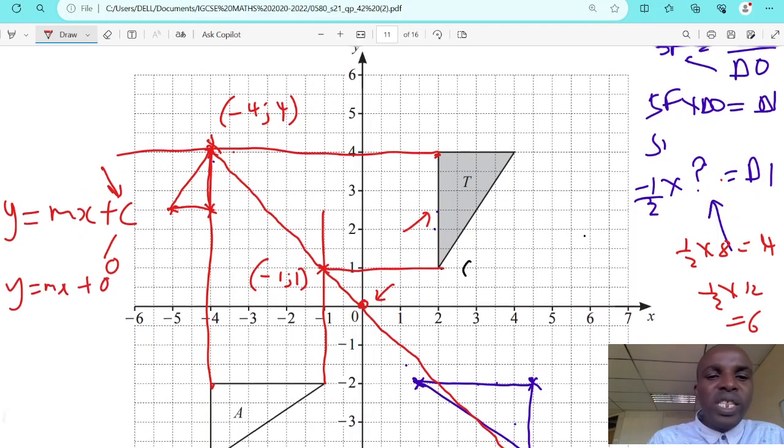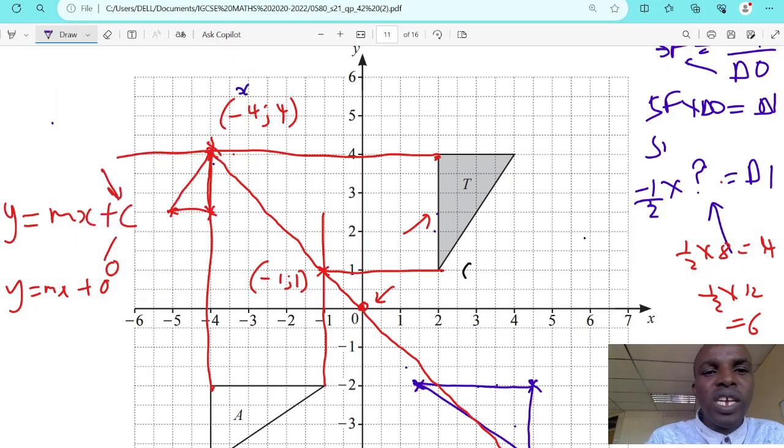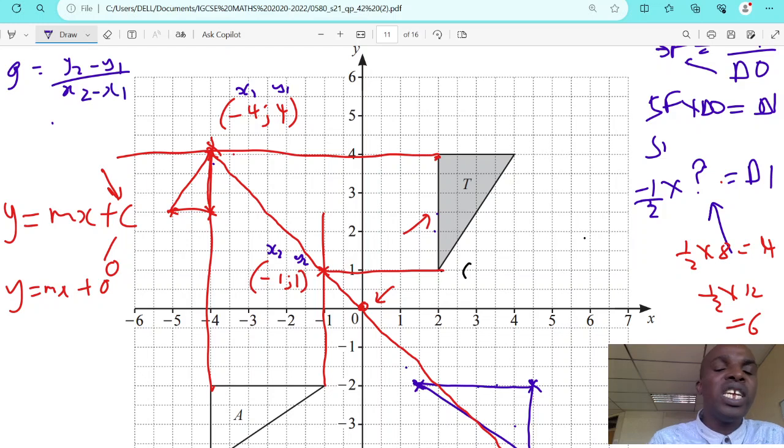You can calculate: this one will be x1, y1, and this one will be x2, y2. You can use gradient equals y2 minus y1 over x2 minus x1. This method works everywhere. So y2 is 1 minus y1, 4. x2 is -1 minus x1, -4. So it will be -3 over 3.